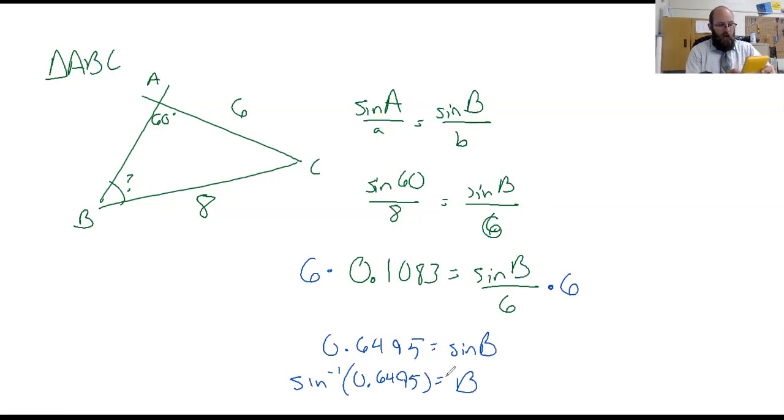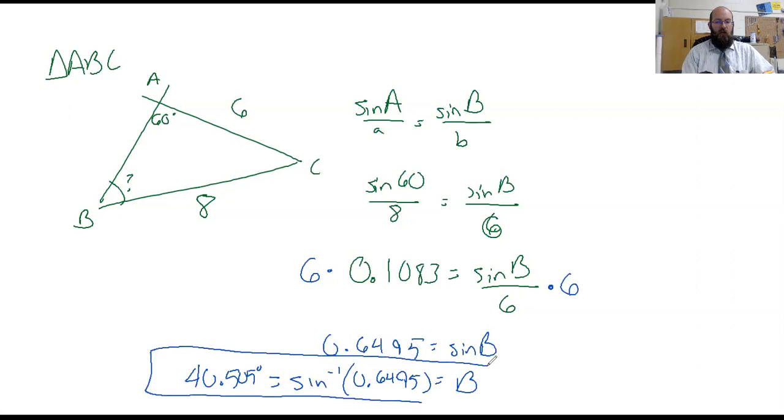So I'm going to hit the second button, sine, and then type that number in for my calculator, and I end up with, there we go, 40.505 degrees. Awesome sauce. Woo! That one was a little bit easier, right? Definitely check this one out and then go back and rewatch the last one.